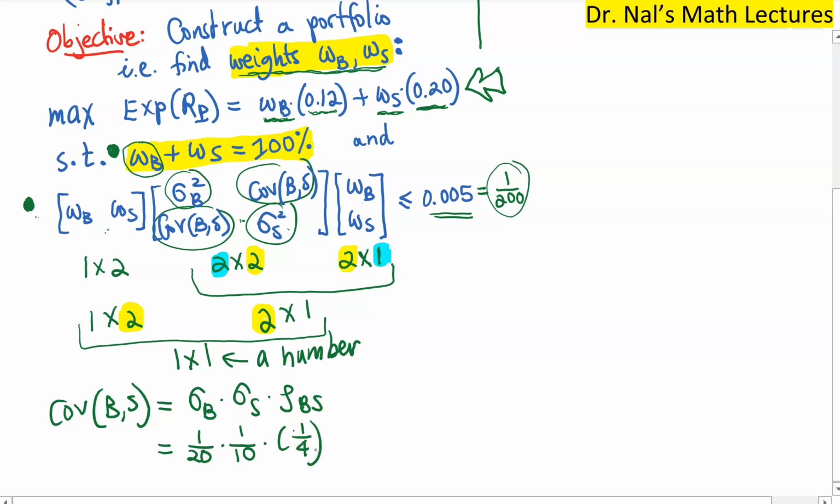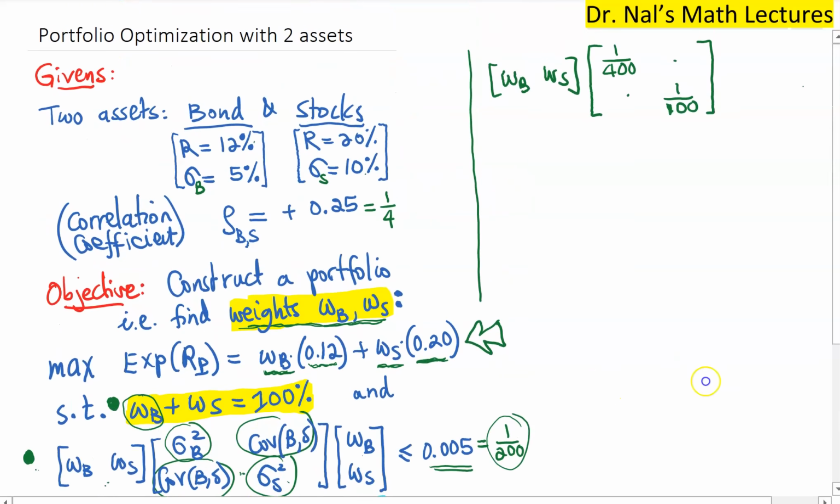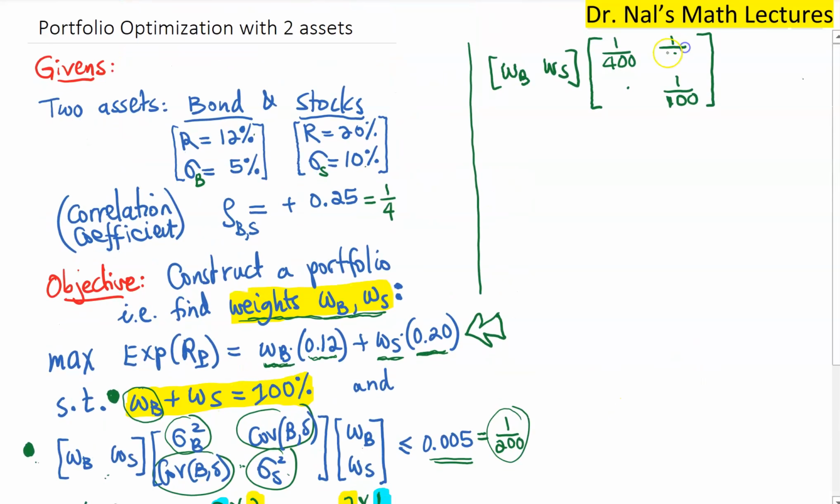I prefer to work with fractions somehow, but some people prefer decimal representation, which is perfectly fine as well. So 1 over 20 times 1 over 10 is 1 over 200, times 1 over 4 is 1 over 800. So that's the covariance between the bond and the stock security. So 1 over 800 we said. We can substitute that into our expression as well, 1 over 800 here too. And we still have the transpose of the same vector as a, so there you go.